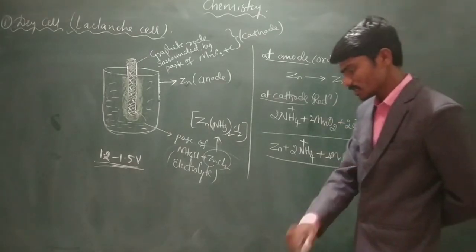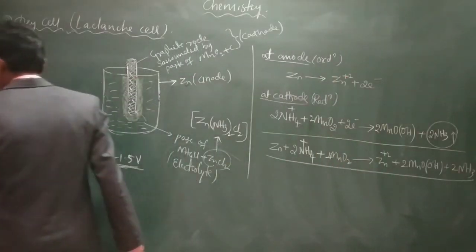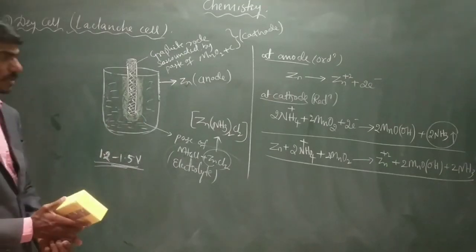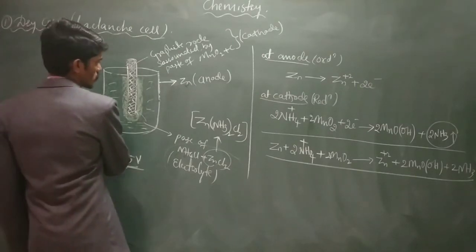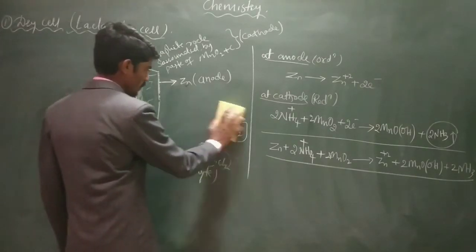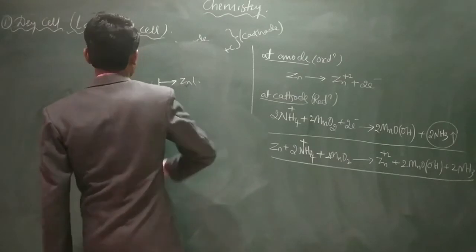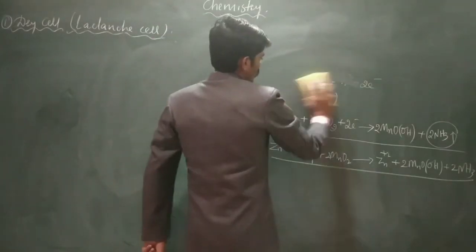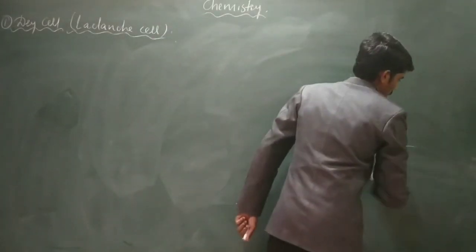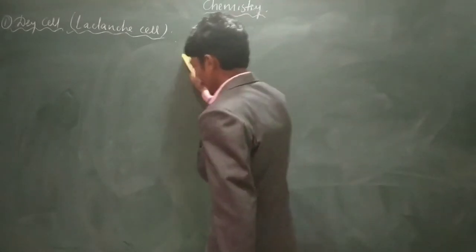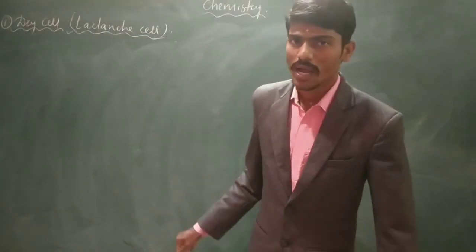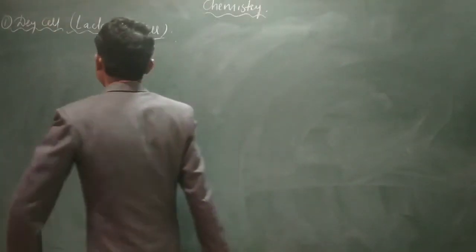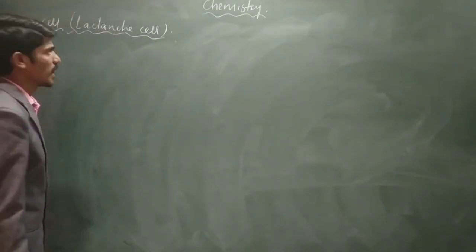Now let us consider the second example, that is the mercury cell. Note that the second one is the mercury cell. The mercury cell is also simple. In the mercury cell, zinc amalgam or zinc acts as an anode, mercuric oxide acts as a cathode, and potassium hydroxide acts as an electrolyte.